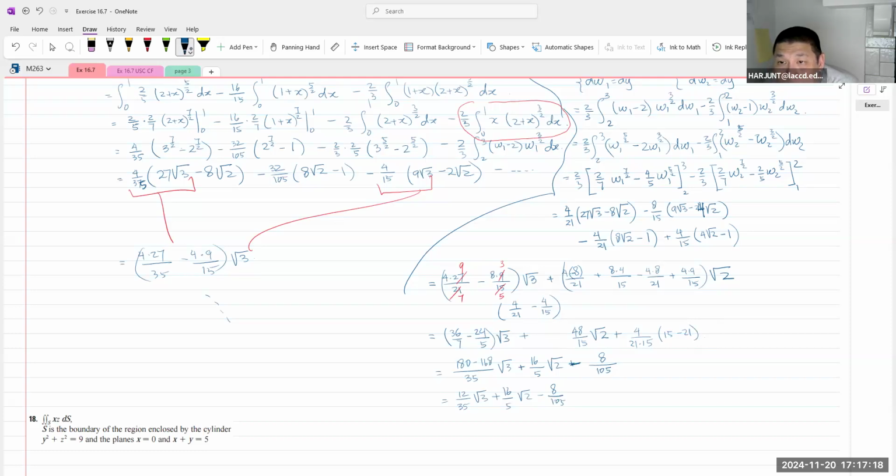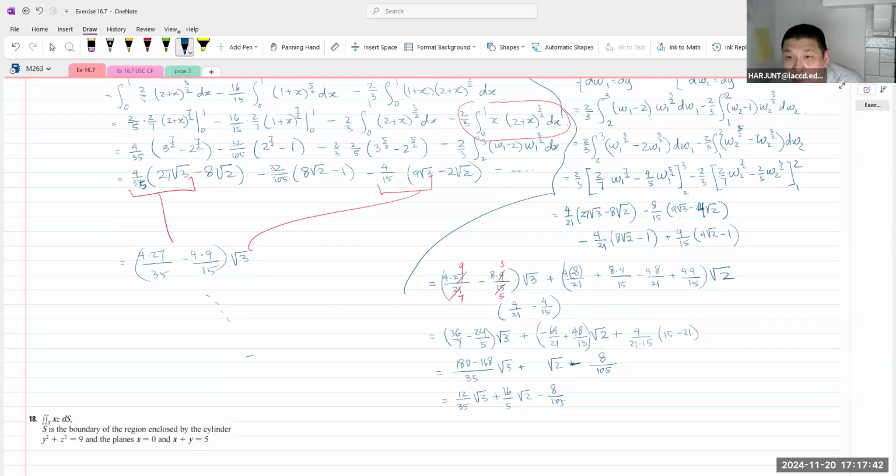This should be negative 30 to 64 over 21 plus. Yeah, so the LCD is 105. Is it right?